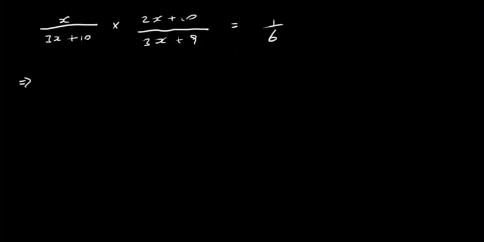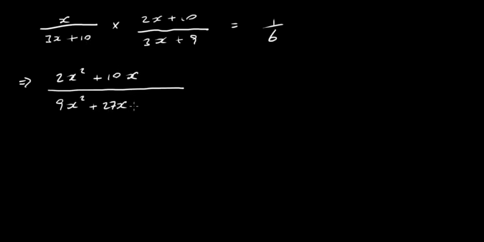Okay, so let's work all this out. We've got to multiply the top by the top and the bottom by the bottom. So we've got x times 2x, that's 2x squared, x times 10, 10x. On the bottom we've got 3x times 3x, that's 9x squared, 3x times 9, that's 27x, 10 times 3x, that's 30x, and finally 9 times 10, which is 90, and that's 1/6 on the right hand side.